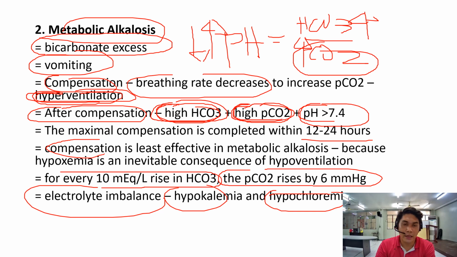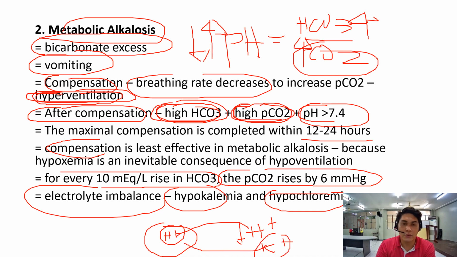For hypokalemia, since this is metabolic alkalosis, you have a decrease in H plus in your plasma. So you need to transfer H plus from the intracellular space to plasma. Now, in order to maintain electrolyte neutrality, we need to transfer K plus from plasma to the intracellular space. So it will result in hypokalemia.